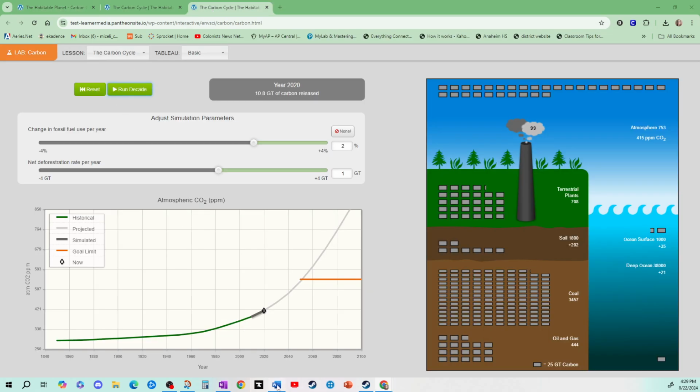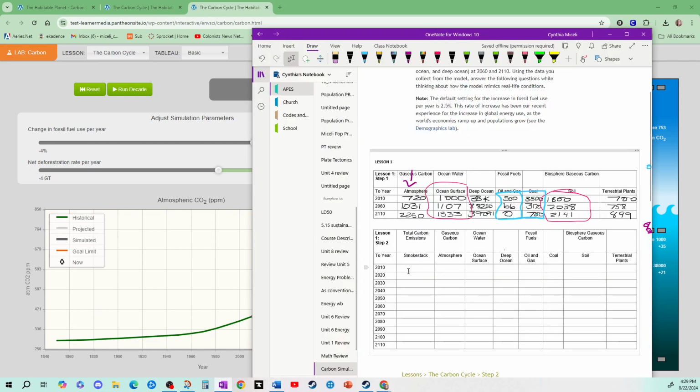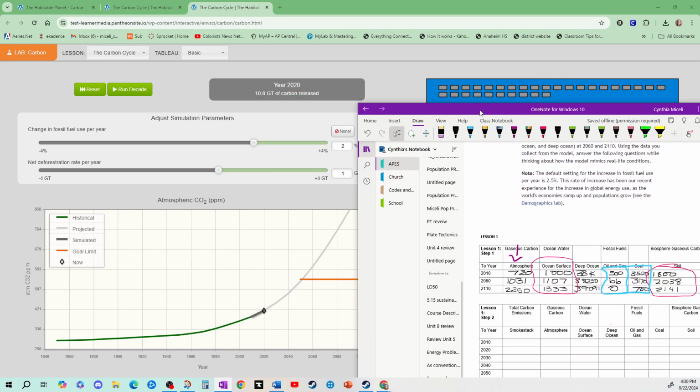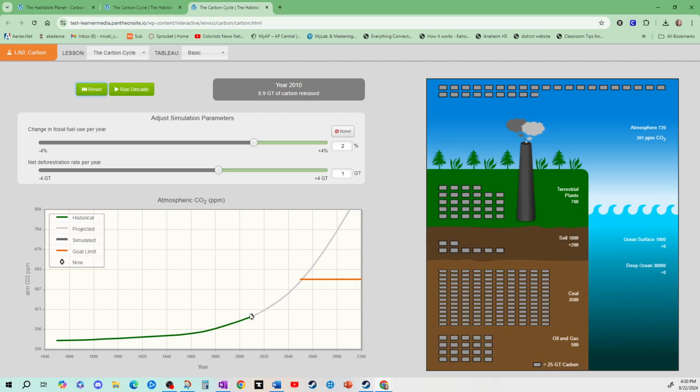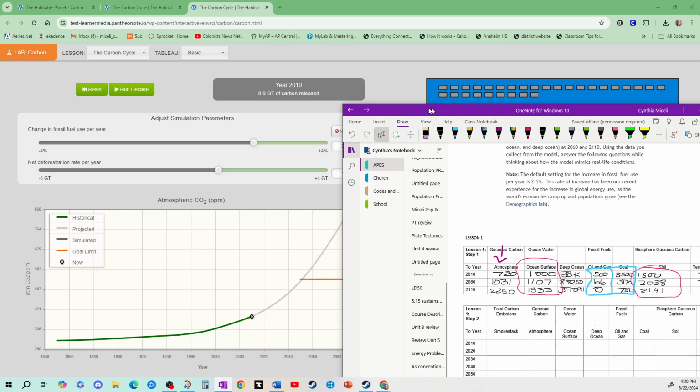We're going to start that again, and this time we're going to look at all of this. So we're going to look at the smokestack, the atmosphere, all of the things. We're going to fill them in step by step. So we're going to reset this, start over, and here's our baseline for 2010. We're going to fill that in.